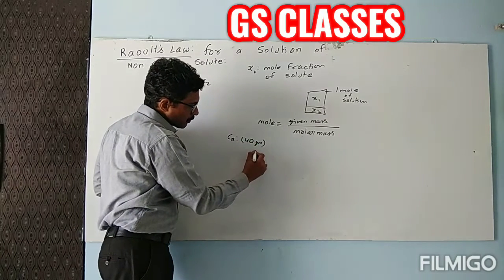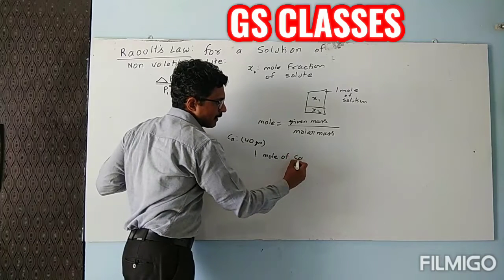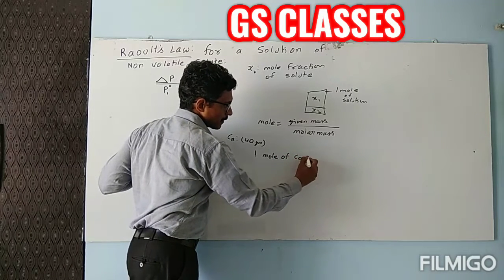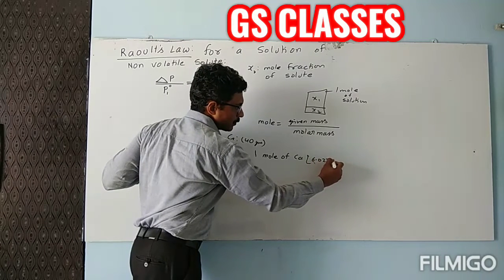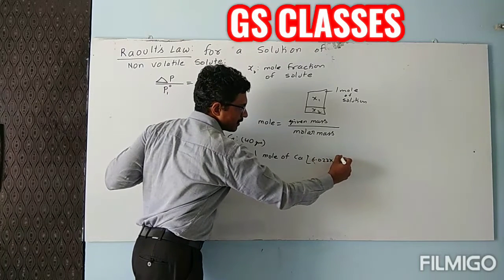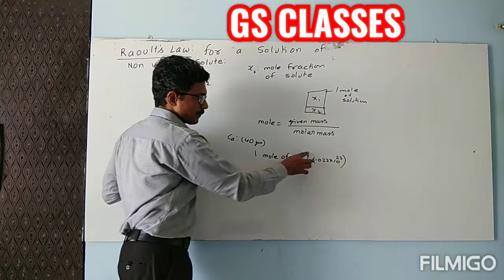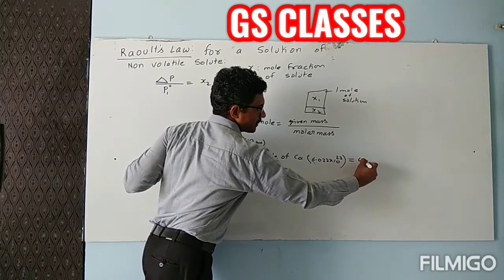It means 1 mole of calcium means 6.022 into 10 the power 23 particles of calcium. Their weight will be 40 gram.